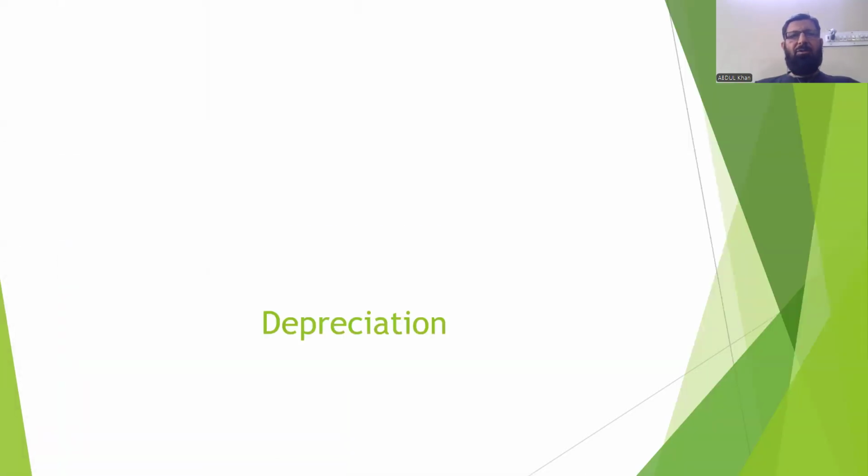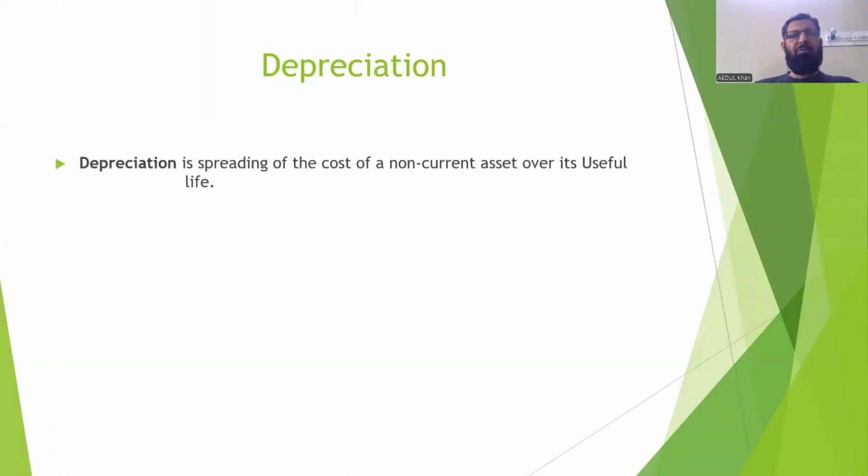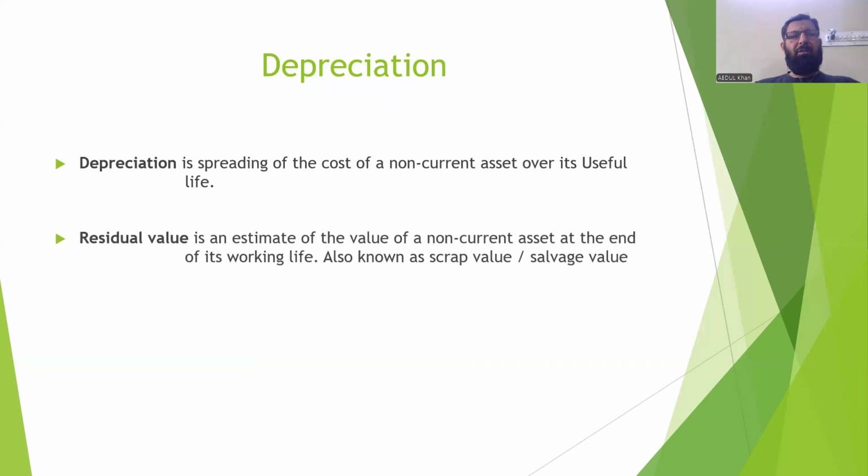Now the second thing, depreciation. Depreciation is simply spreading the cost of a non-current asset over its useful life. Whether you are using the straight line, diminishing balance, or revaluation method, it is just spreading the cost of the fixed asset over its useful life. Residual value is the amount you may get after its useful life.